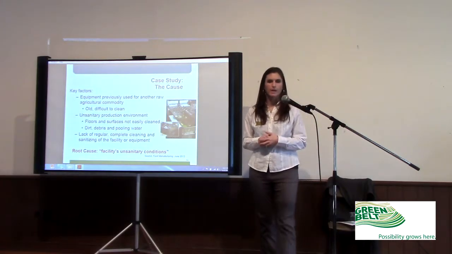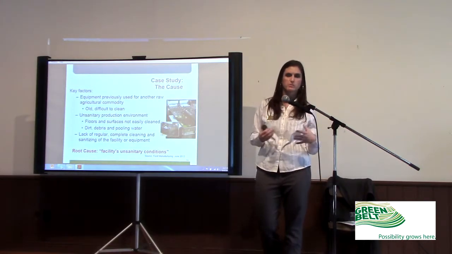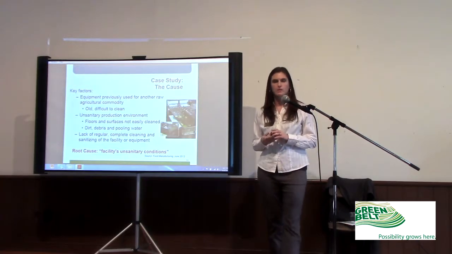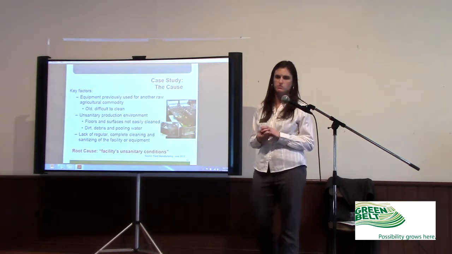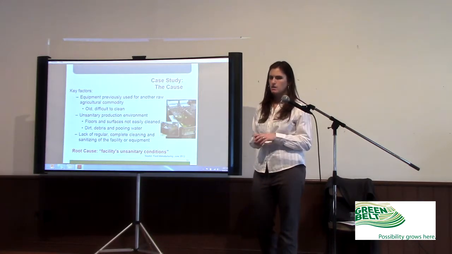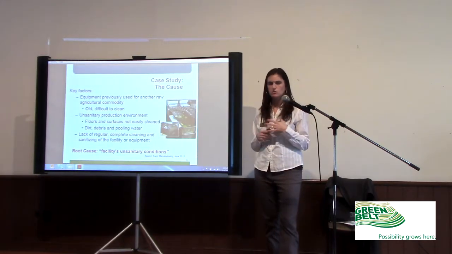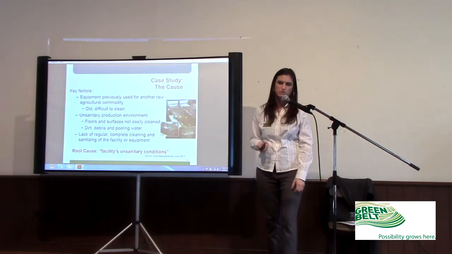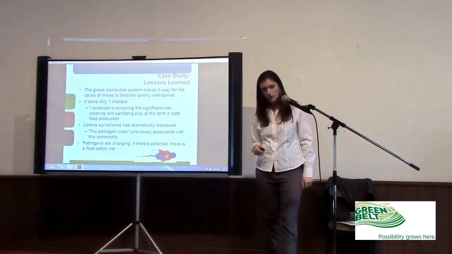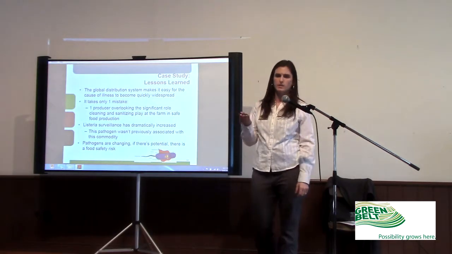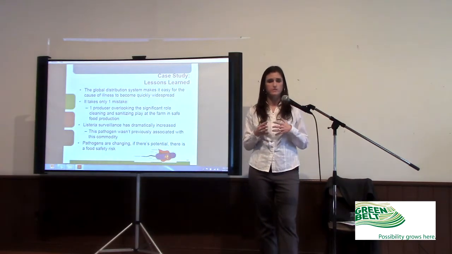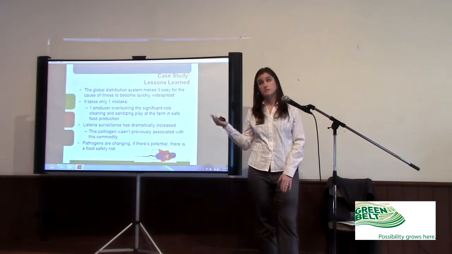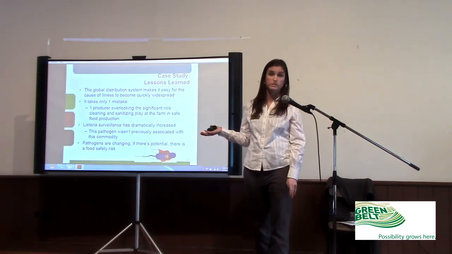A lot of dirt, debris, and cooling water was promoting a great environment for bacteria to grow. And like I said, there was huge evidence that they didn't have a regular cleaning schedule. I made this point a lot earlier about the local distribution system making it very easy for one mistake to get very widespread. In this case, it's very evident very quickly. Something like that can happen.